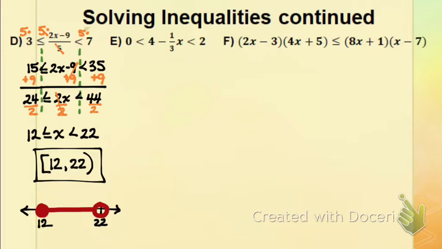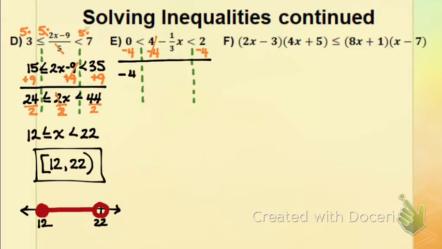Where would you start on part E? I can think of a couple places that we could start. Where do you want to start? Subtract 4 from all sides. So minus 4, minus 4, minus 4.